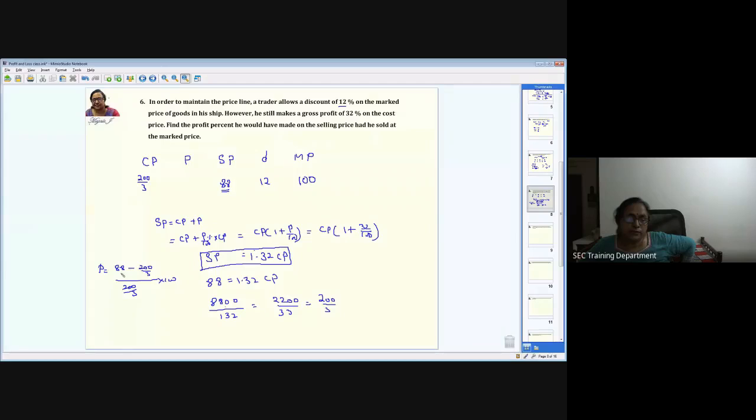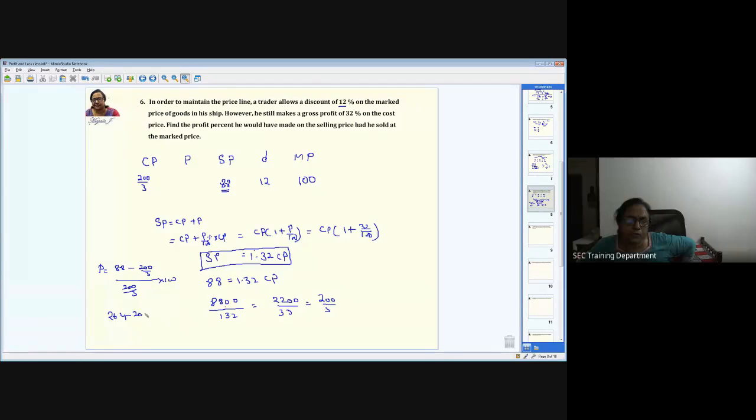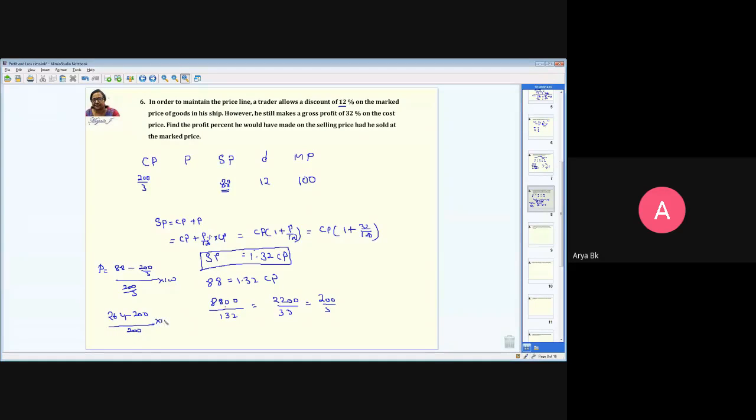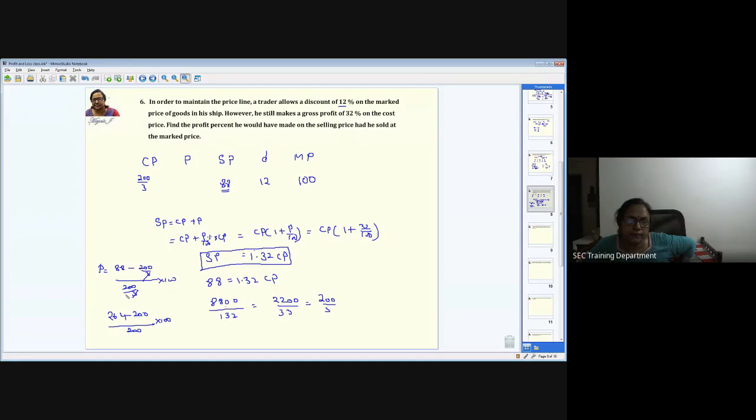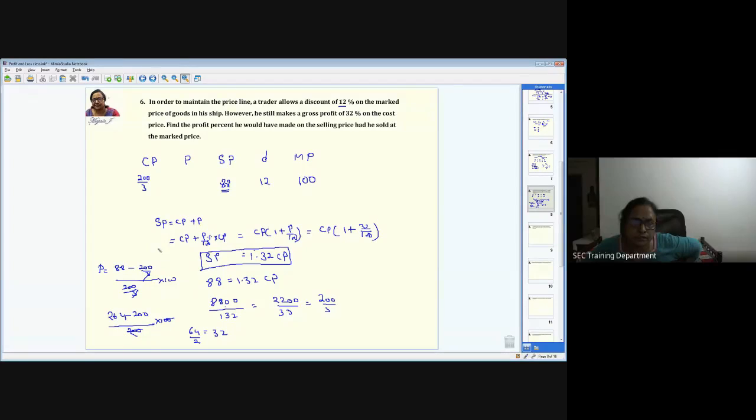So 264 minus 200 divided by 200 into 100, because the 3 and 3 get cancelled after multiplying. So this is going to be 6400 by 200, which is 32. So his profit is 32 percent.